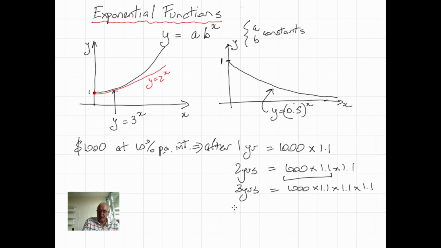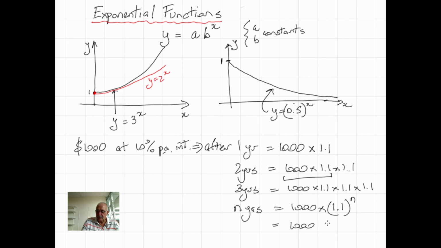So after n years, you would have 1,000 times 1.1 to the power of 3 after 3 years, to the power of 2 after 2 years, the power of 1 after 1 year, so after n years, it'd be 1.1 to the power of n.